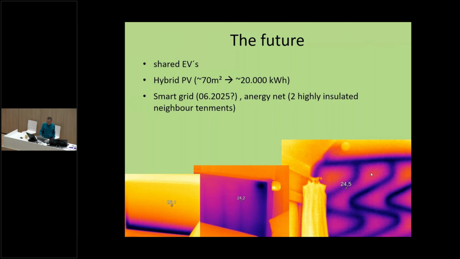I will install photovoltaics when the thermal collectors break down, so then I have 20,000 kilowatt hours probably earnings, and smart grid is just in front of the door. I could supply the 2 neighbor buildings with heat because I have much more. I could generate much more than I need. They are better insulated buildings than mine.